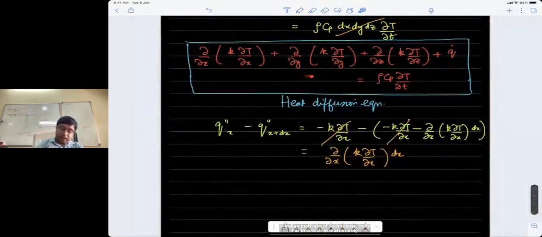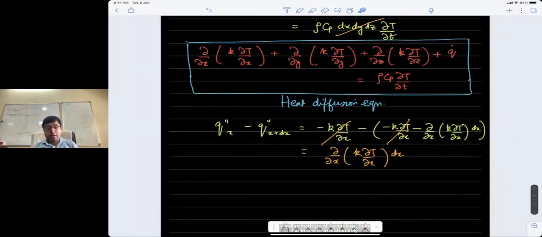Similarly, the second term would represent the net conduction heat flux into the control volume, but in the y direction. The third derivative here would represent the net conduction heat flux in the z direction into this differential control volume.